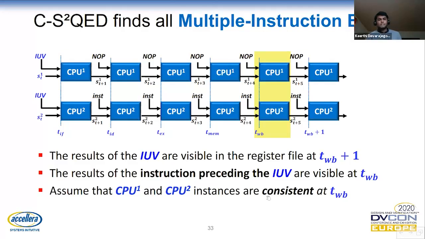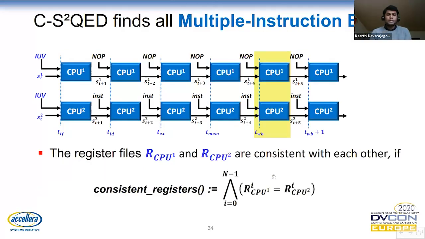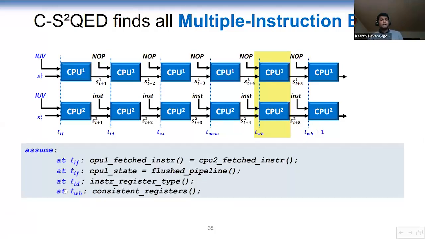What do we mean by consistent? It's a simple assumption which simply says that the contents of the register file on CPU1 are equal to the contents of the register file of CPU2. So this is a simple formula to represent that. And in the property at TWB, we assume that both CPU1 and CPU2 are consistent.